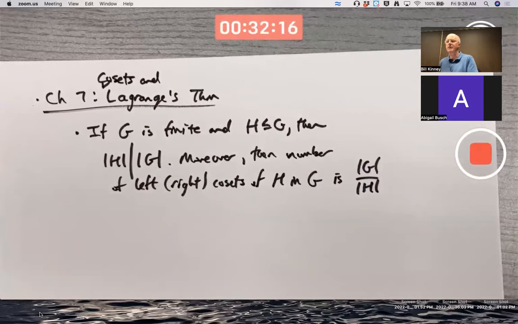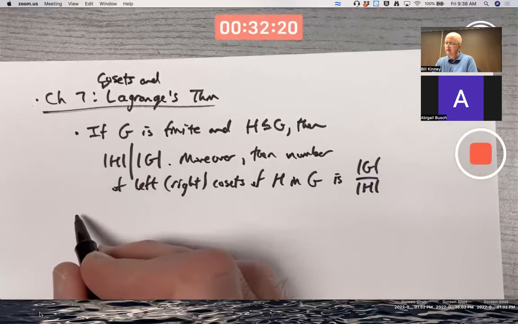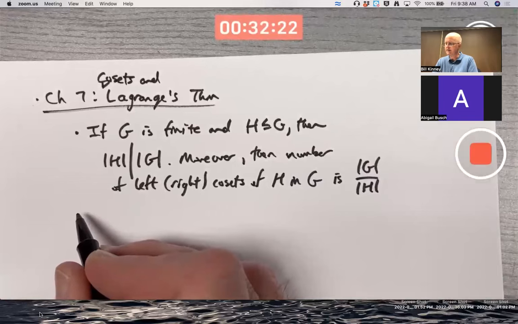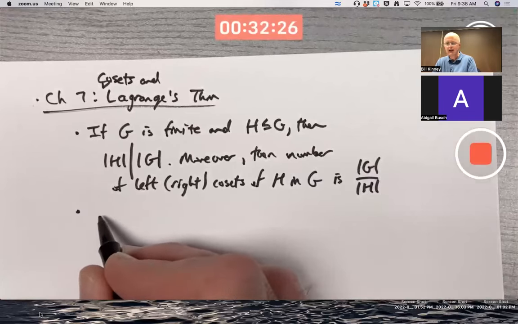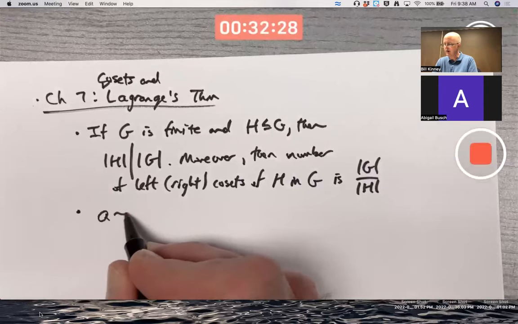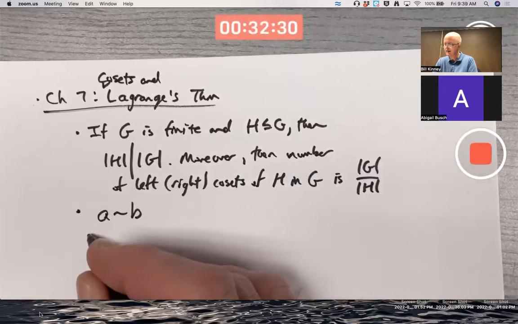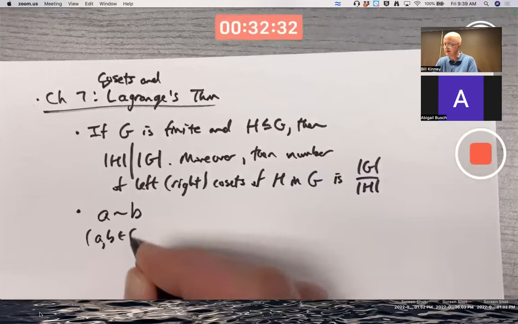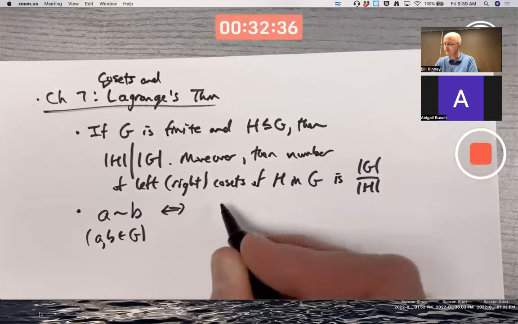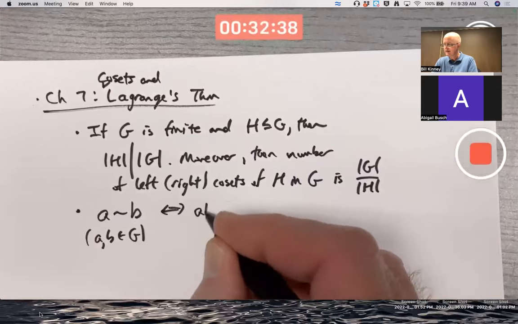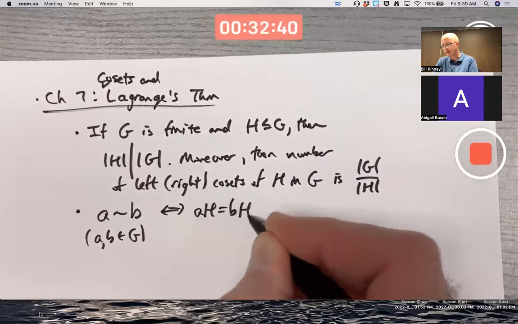Relating this to equivalence relations, one example of an important equivalence relation in this class is to say A and B, elements of G, are equivalent if and only if they can represent the same left coset, for example.